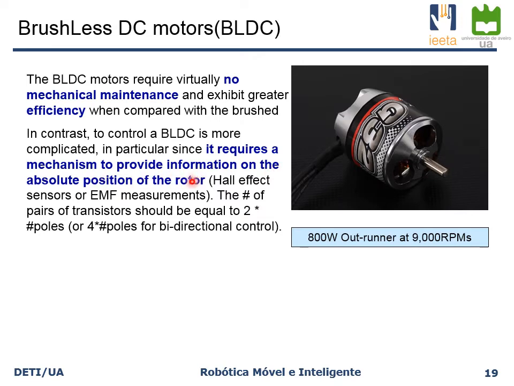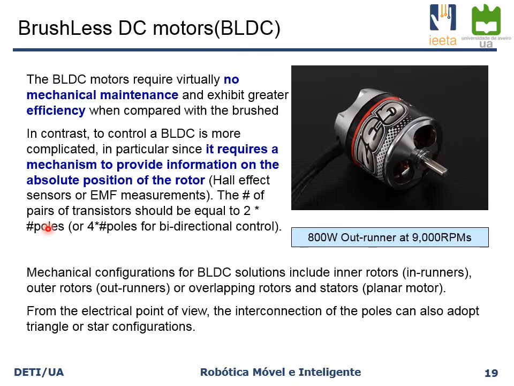For that, we can use Hall effect sensors, for instance, or back electromotive force measurements. Also, just to let you know, the number of pairs of transistors should always be equal to 2 times the number of poles used. And you can find BLDC motors that go from 3 poles, which is a simple solution, up to maybe 12 poles or more.